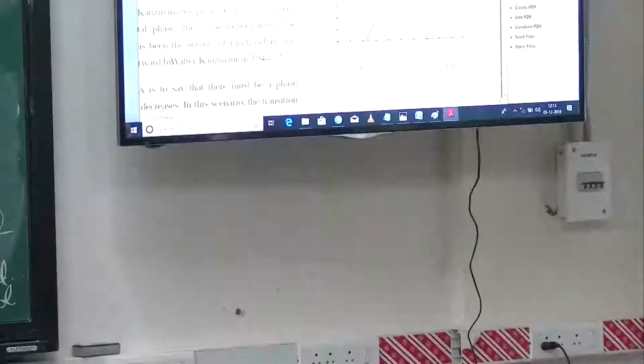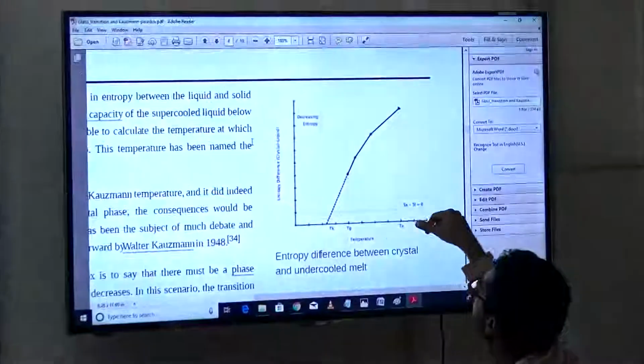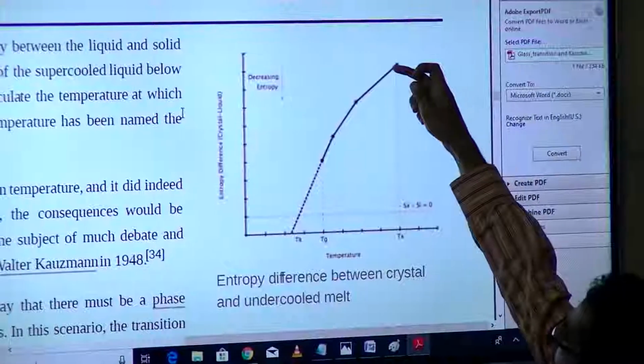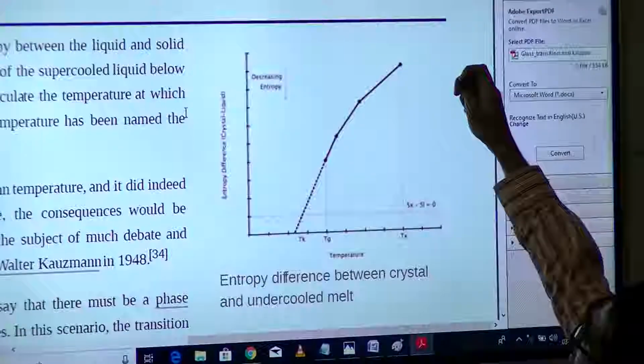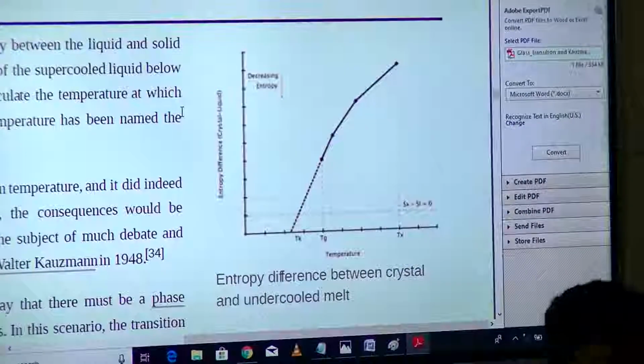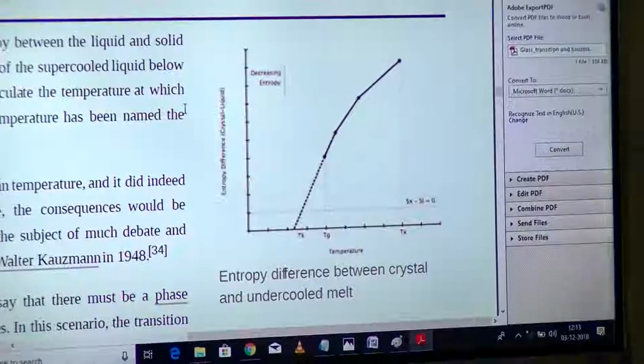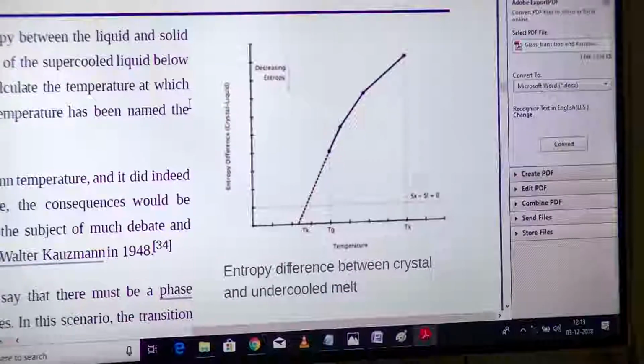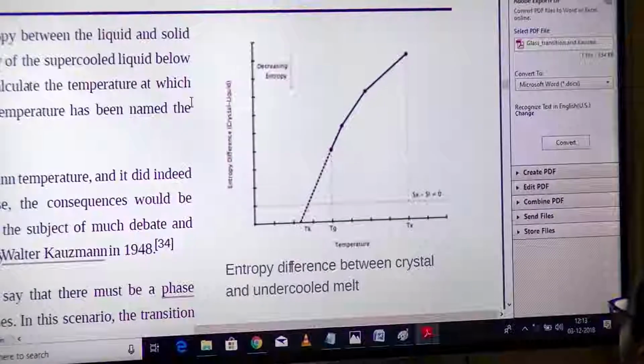Now, notice what happens when you plot this difference as a function of temperature. When you plot this difference as a function of temperature, this is not a very good curve. Maybe I can show this in a slightly different manner. Yeah. And where do you see that?